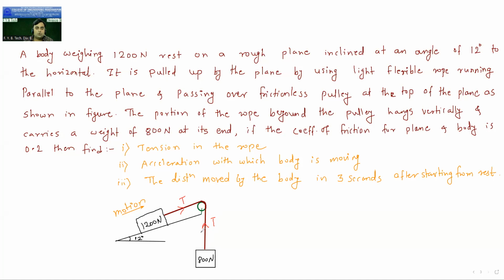So first of all we will consider the free body diagram of this 1200 Newton block. Then we will consider the free body diagram of this 800 Newton block. So for the 1200 Newton block, if I draw, this is the inclined plane.